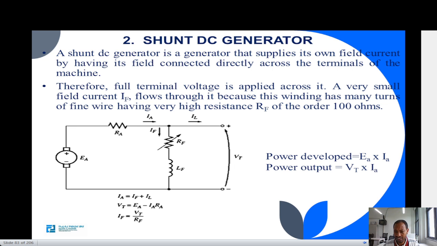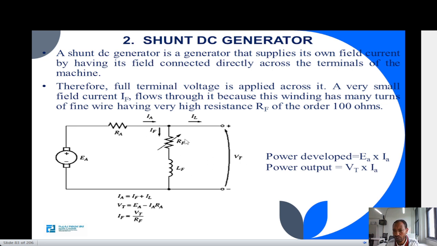What makes the shunt different is that it will supply its own field current. The supply Vt for the field will be supplied from the generator itself, and the field is excited by the terminal voltage Vt of the generator.